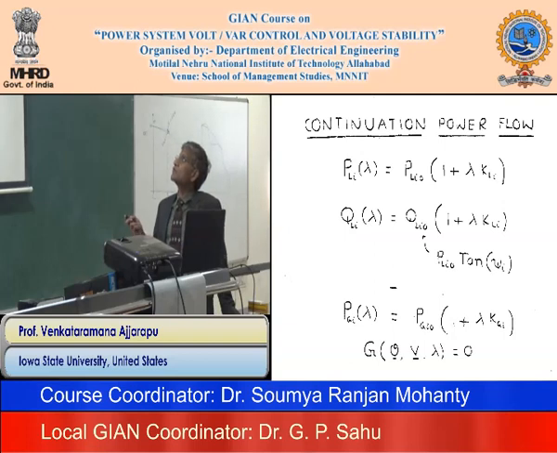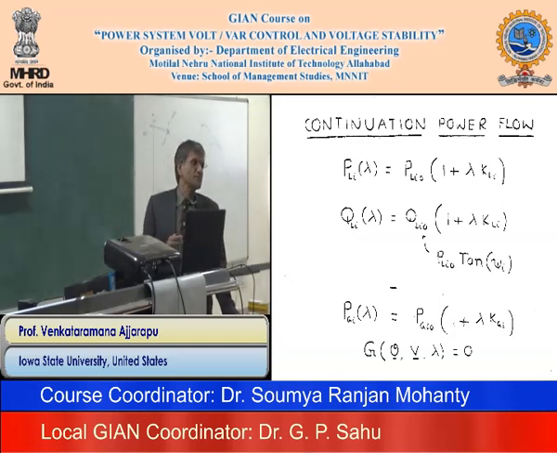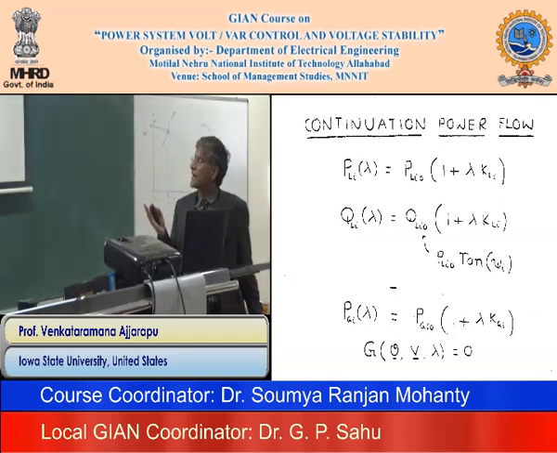So I have to know, for a given load increase, somebody does the economic dispatch, and for that load increase, which generators are participating to supply that load. From that I can calculate the KGi. So that determines KGi.